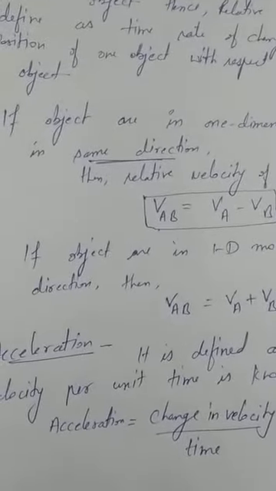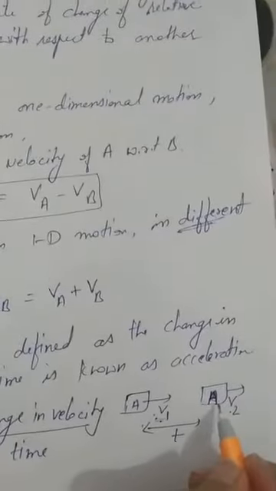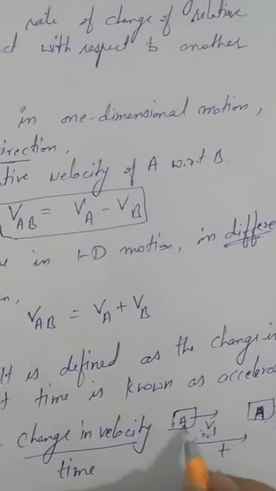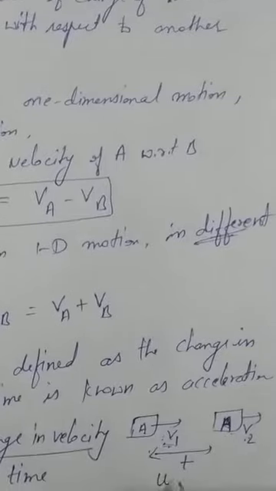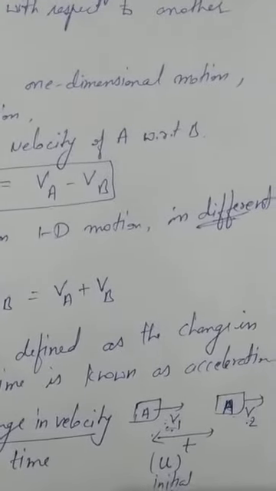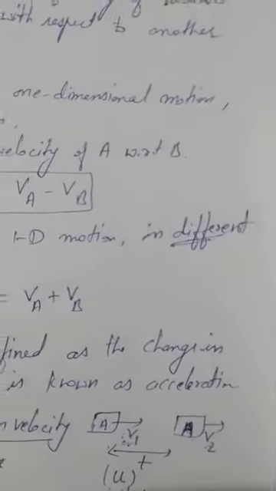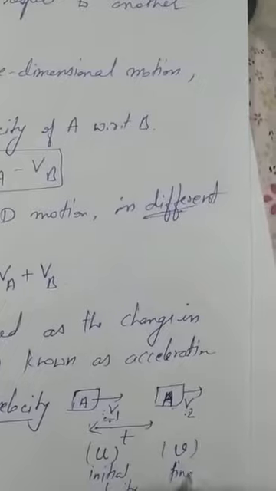How much change in velocity takes place in how much time, that will be acceleration. Here the velocity changes from v1 to v2. The initial velocity we denote with the letter u, and the final velocity we denote with v.